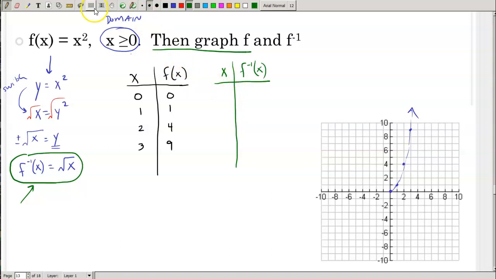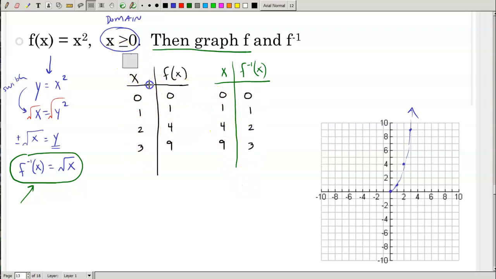So what I mean is, in my original function, I plugged in 0, 1, 2, 3, and I got 0, 1, 4, 9. What I could do is take those and put those as my inputs now, because since they're inverses, I know that these x's that I took from the first one would be my outputs.